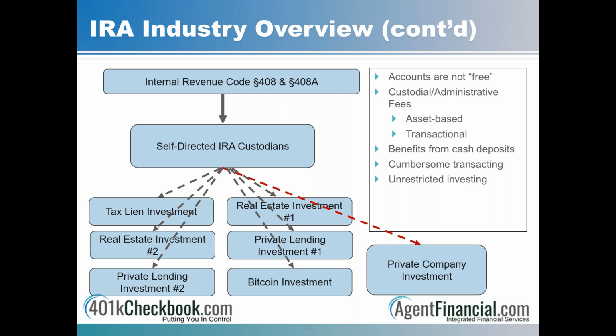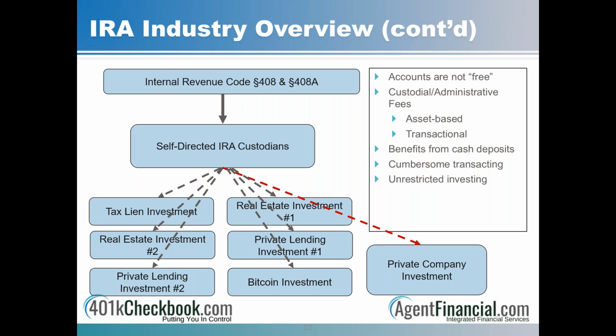In contrast, here we've got the self-directed IRA custodian. Again, governed by Section 408, same part of the tax code, and they will allow you to invest in asset classes that are not available on your traditional brokerage platform. But here's where you may encounter some surprises.